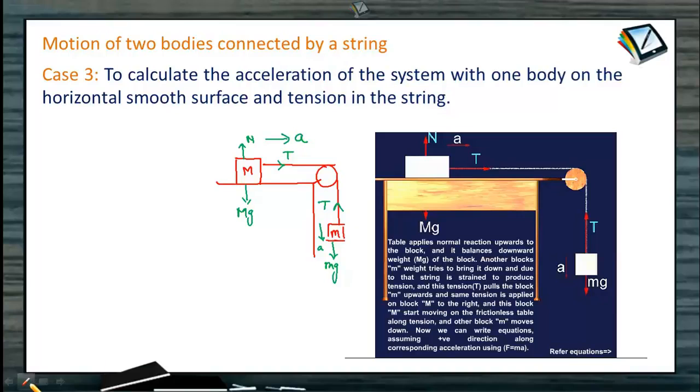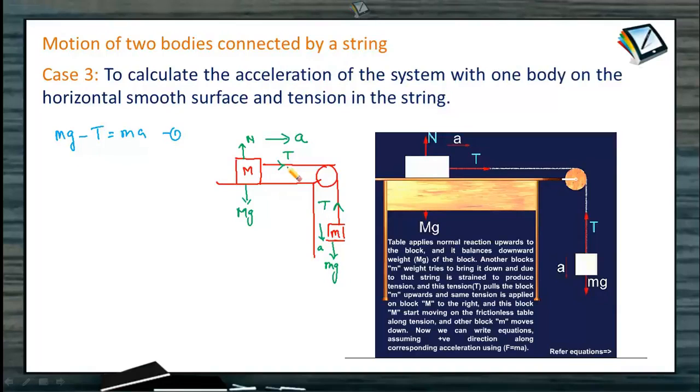Now let us write the equations based on the free body diagram. mg minus T is equal to ma. I have taken the mg direction as positive since it is the direction of acceleration. This is equation 1.